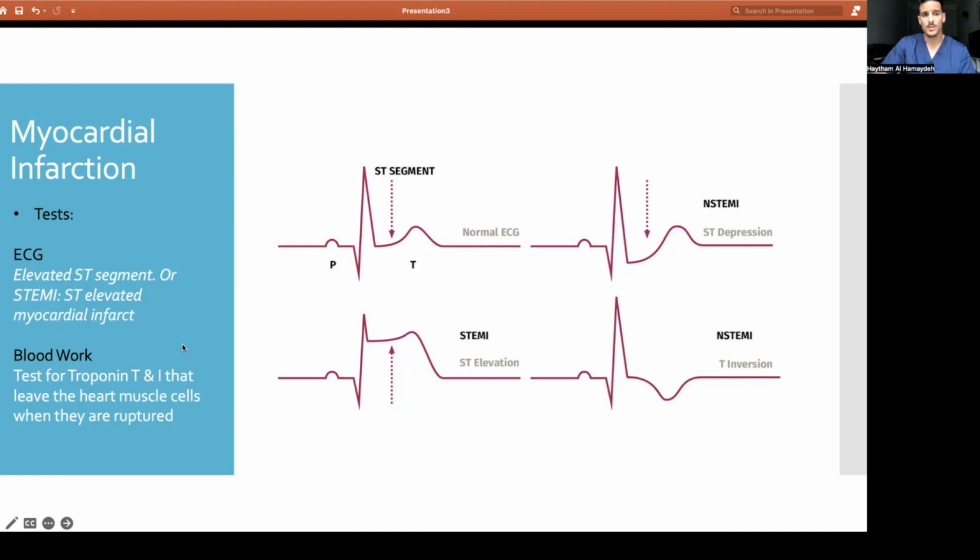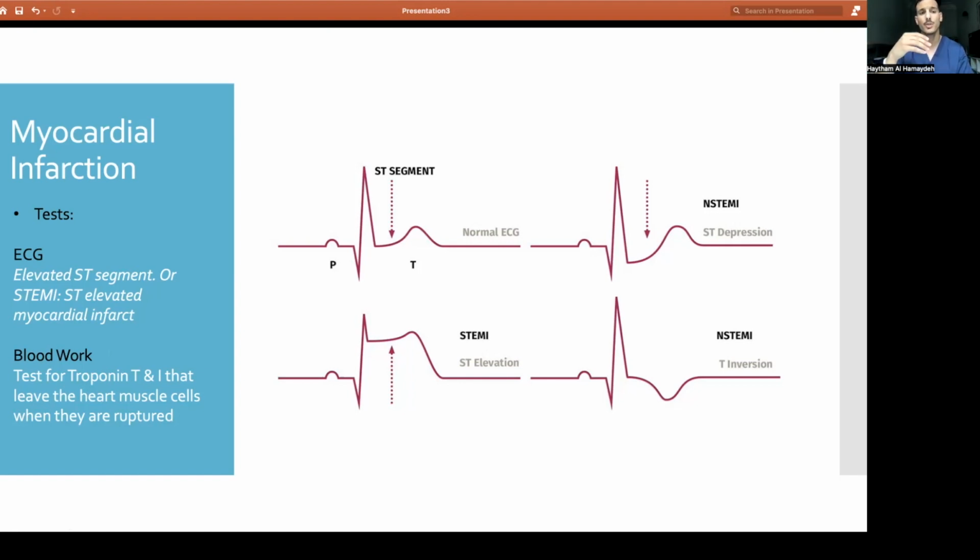The third thing we can do is blood work. Blood work is basically testing for troponin T and I. These are components of the intracellular part of the cardiac cells. When infarction happens in the heart, the heart cells basically rupture, and so troponin T and I is released into the bloodstream.